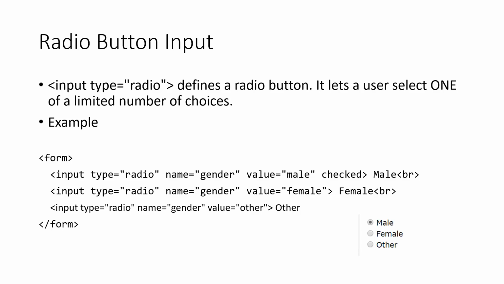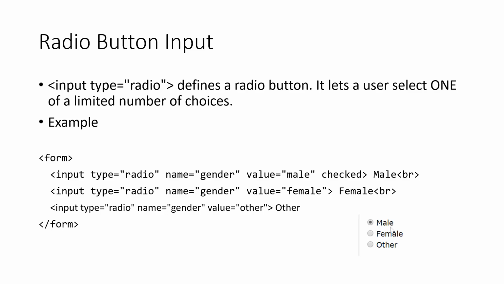Now, for radio buttons, we can use input type radio. For example, let's say we are going to create gender, and then you give the value, and the one marked as the default we put with checked. Usually if you put checked, wherever you use it, it means this is the default selection.